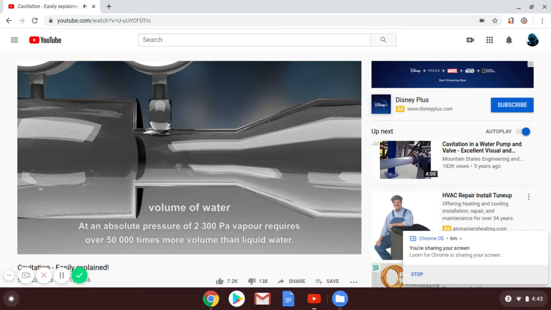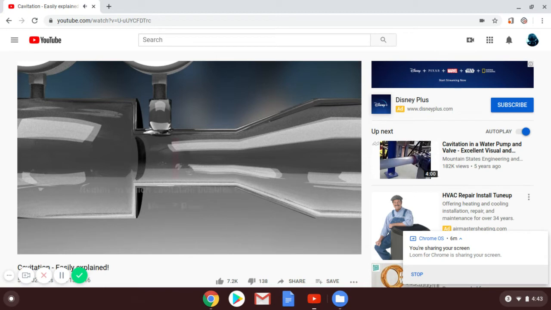At a pressure of 2,300 Pascal, a certain mass of water vapor requires over 50,000 times more volume than in its liquid state. The bubbles collapse as soon as they reach a region with a pressure above the vapor pressure.